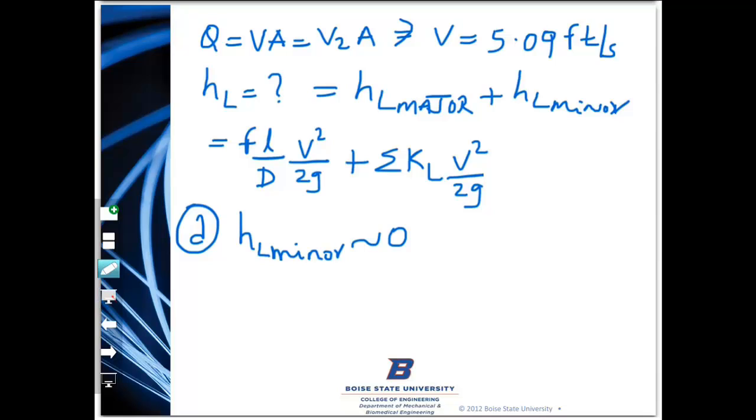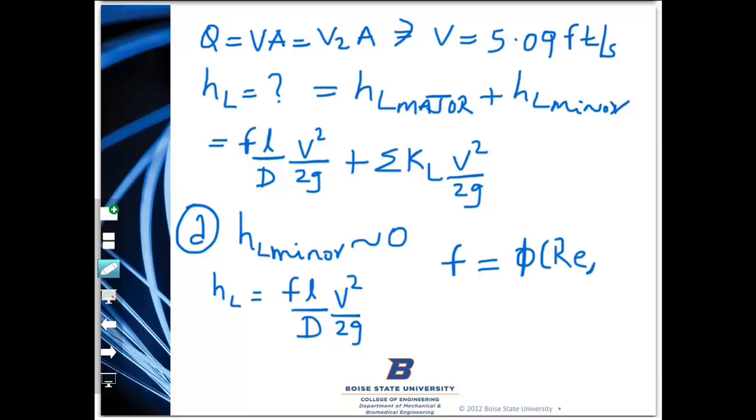Then we have to compute HL, which would be just f L over D, V square over 2G. We know that f is a function of Reynolds number and epsilon over D, but this one is 0, so just calculate the Reynolds number, and you can do that easily.